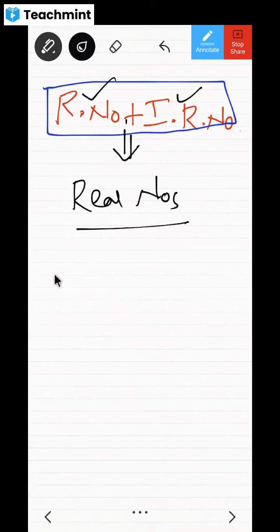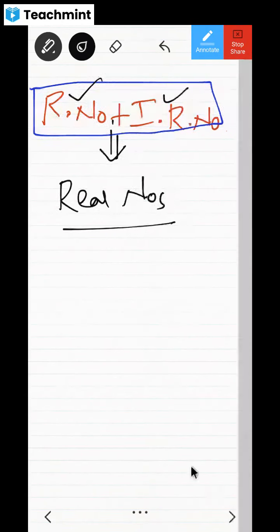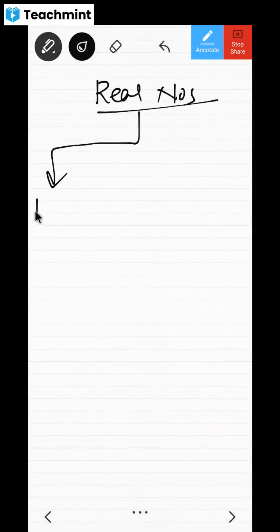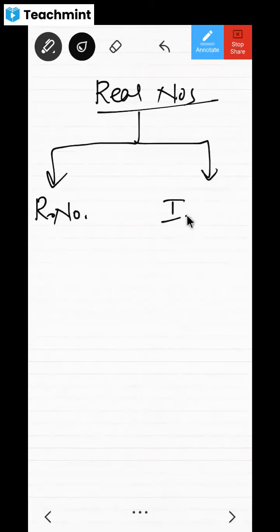Yes, sir. Okay. Now, if you are making a chart, real numbers means how many types of real numbers are there? Two types. What is the first type of real number? One is a rational number, correct? And another is irrational number. Just now I told you one is rational number, another is irrational number.